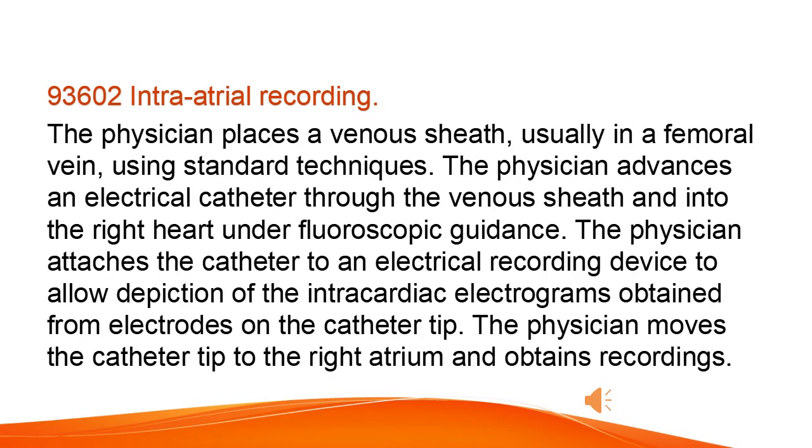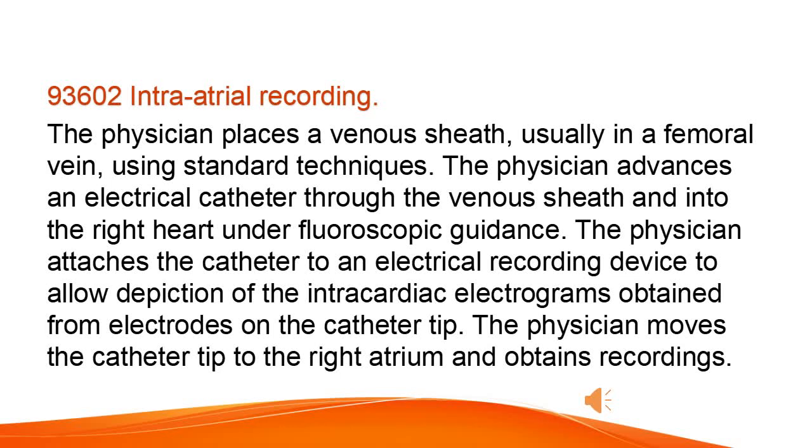Intraatrial recording. The physician places a venous sheath, usually in a femoral vein, using standard techniques. The physician advances an electrical catheter through the venous sheath and into the right heart under fluoroscopic guidance. The physician attaches the catheter to an electrical recording device to allow depiction of the intracardiac electrograms obtained from electrodes on the catheter tip.